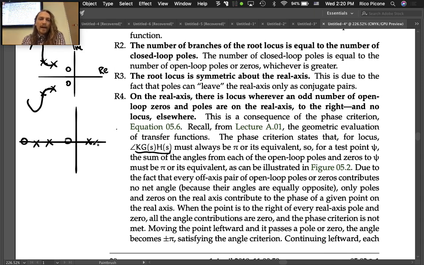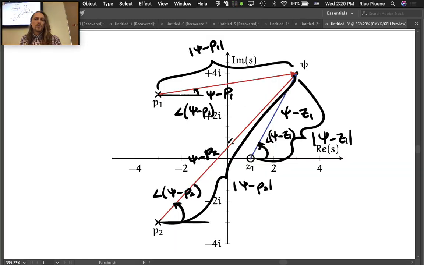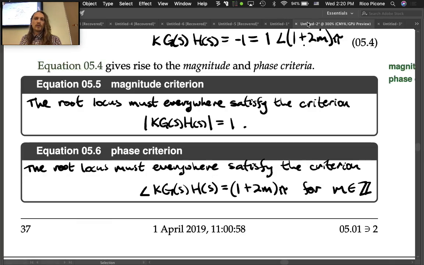So this is our phase criterion. And so pi is 180 degrees, right? And remember that the phase criterion, this is from the last lecture, says the root locus must everywhere satisfy the criterion that this angle has to be equal to pi or 3 pi or 5 pi or whatever.